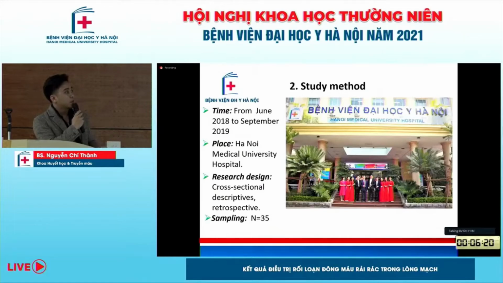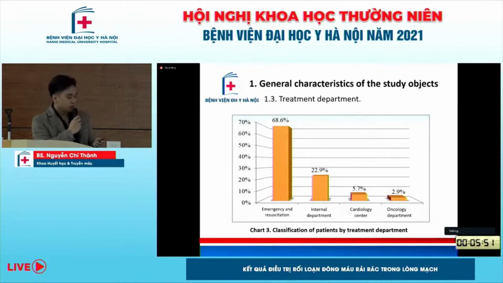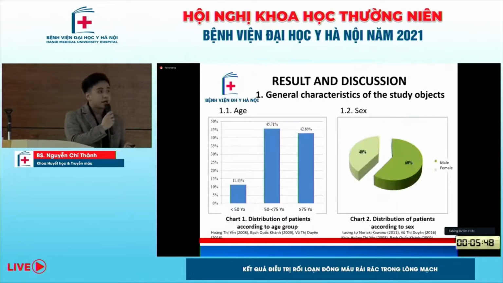About the general characteristics of the study objects, among 35 patients, the average age is 70.4 years old, almost all patients are older than 50 years old, and 60% of the patients are male. This result is similar to several domestic and abroad studies.